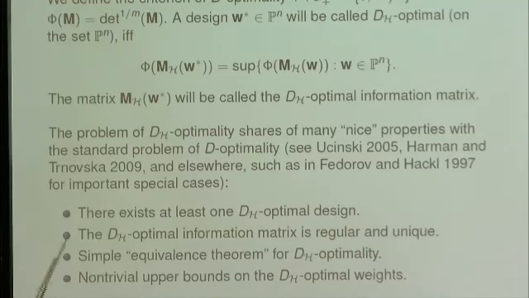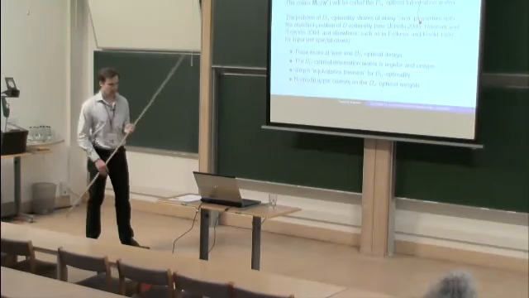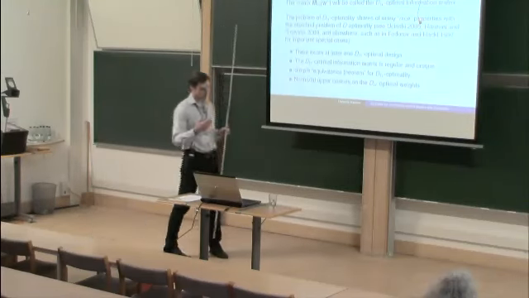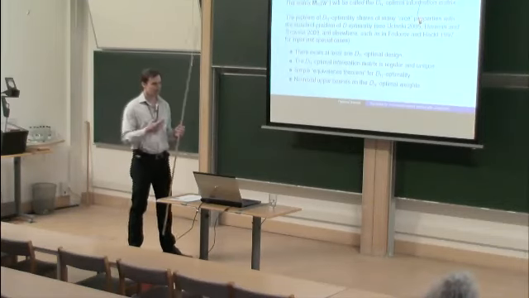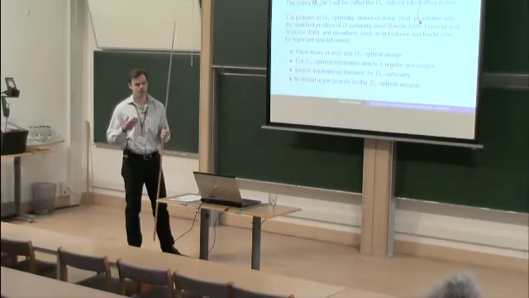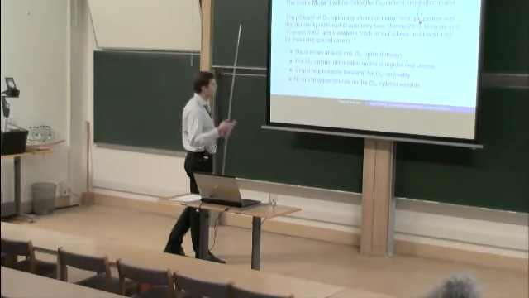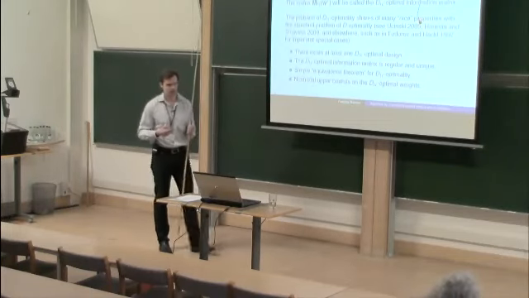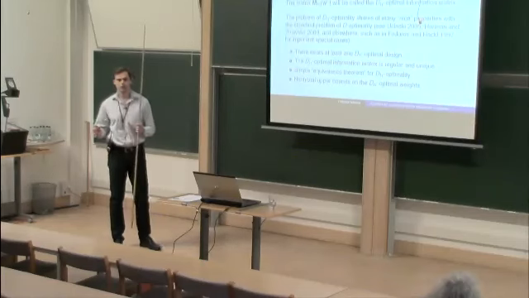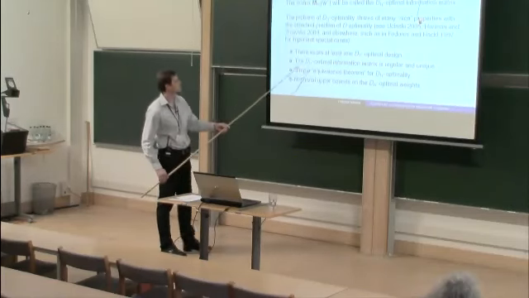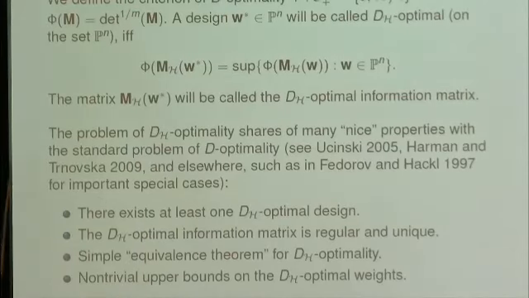So firstly, there exists at least one DH-optimal design, which is completely trivial because the set of all information matrices is convex and compact. It is essentially a convex hull of a finite number of non-negative definite matrices. And the criterion of D-optimality is continuous. So it's clear that there exists at least one DH-optimal design.